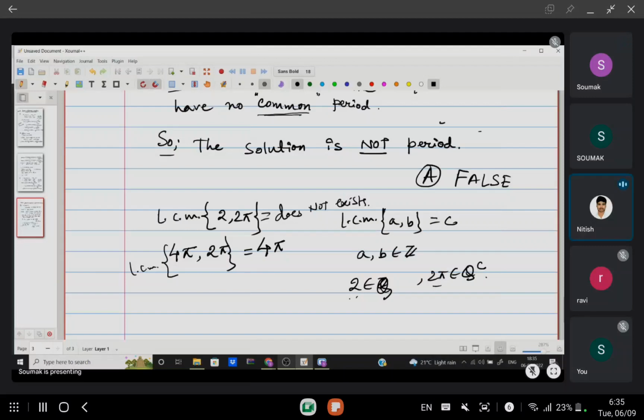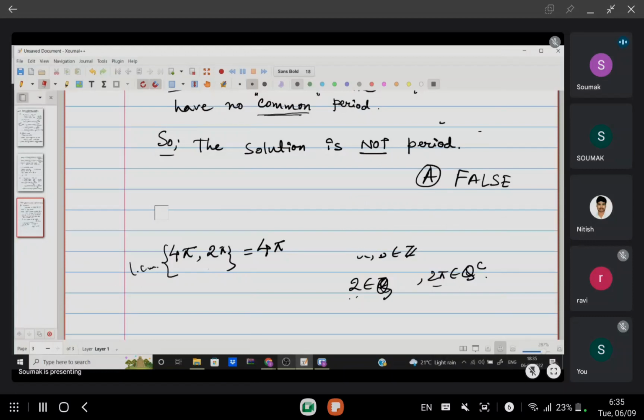Okay, sir. So you write 4 pi means the LCM of 4 pi and 2 pi is 4 pi, not 4 comma 2 pi, something like that. Okay. You have to take numbers from the same field, the same integer field.